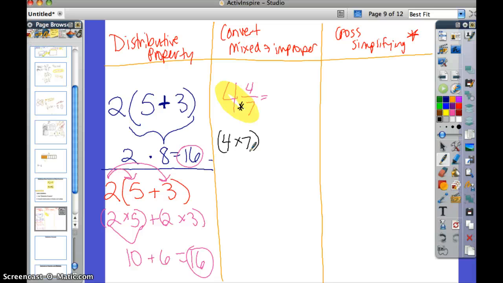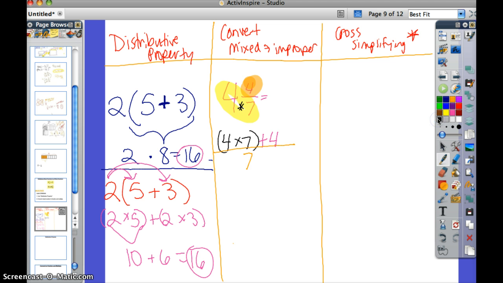Now this number gives you the amount of pieces that remain after the 4 wholes. So this needs to be added on. Okay, so you're going to do 4 times 7 and add on the extra pieces, and then this is the amount of 7s you have. Okay.